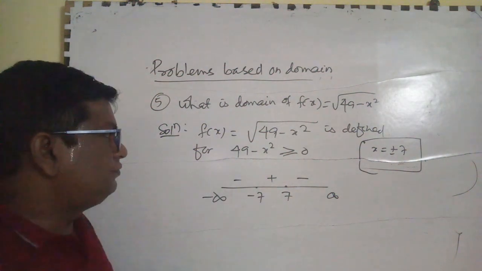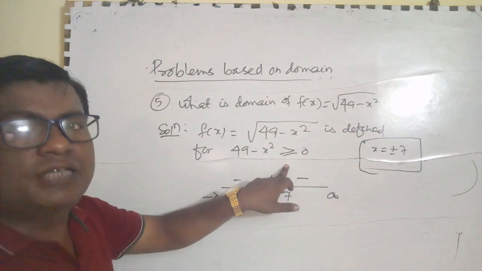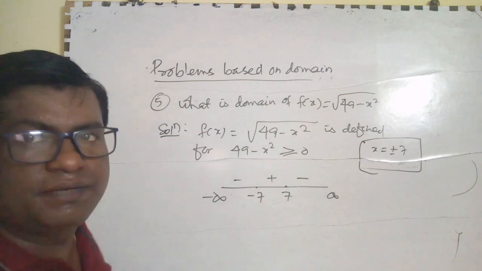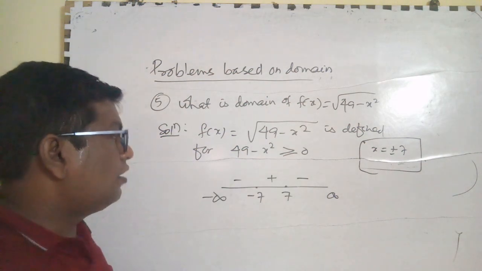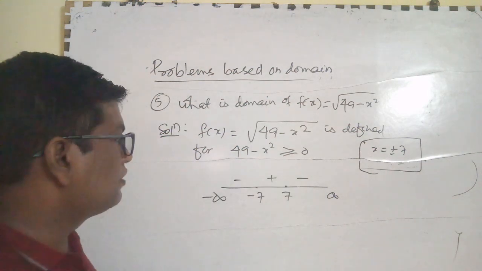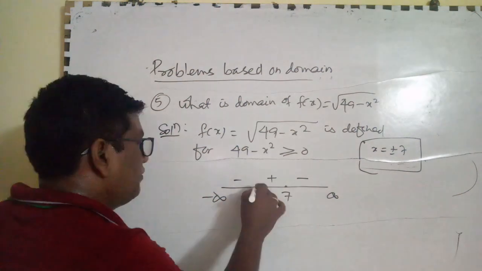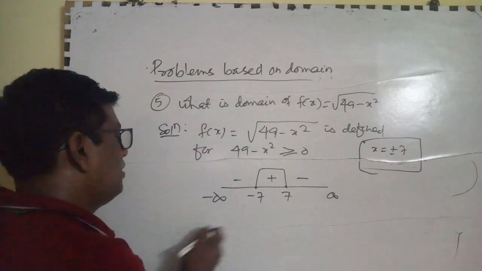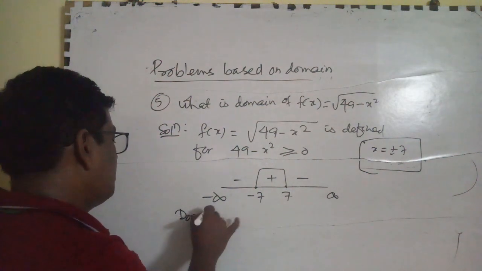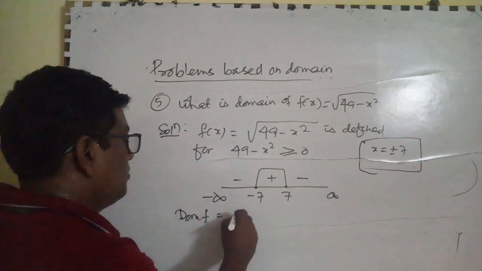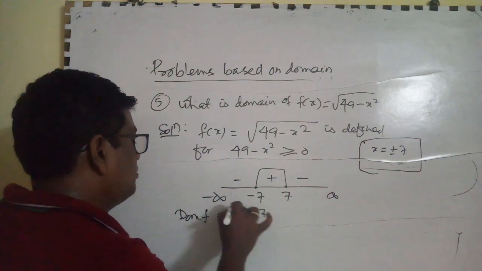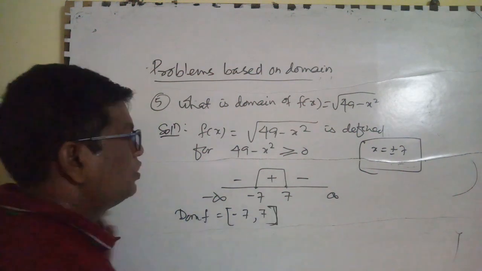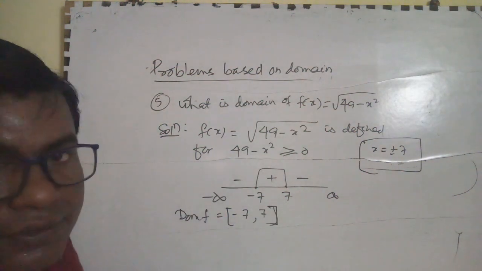Above the number line, the greater than or equal to sign is present, meaning positive or 0. What is the positive region here? This is the positive region, and this region is the domain. Therefore dom f is equal to the closed interval minus 7 comma 7, due to the equal to sign being present.